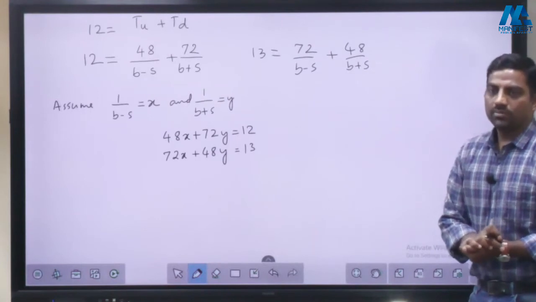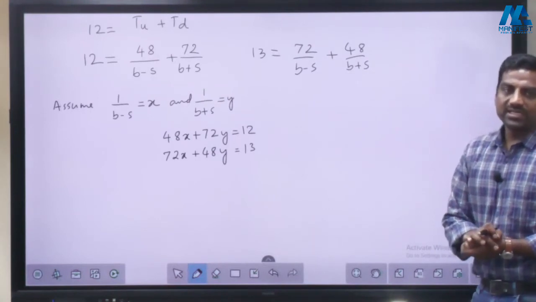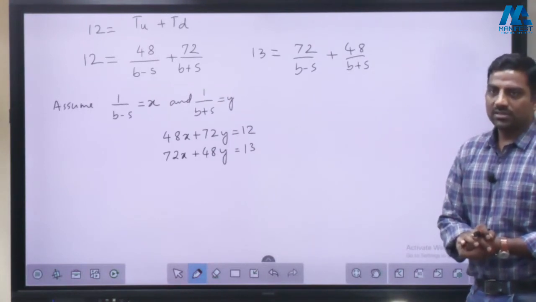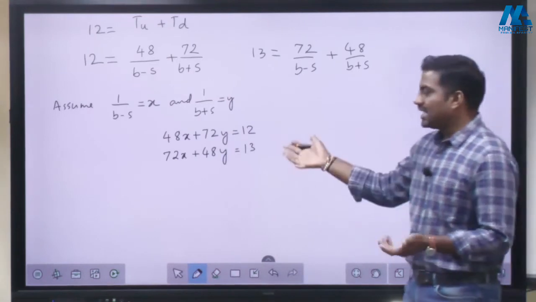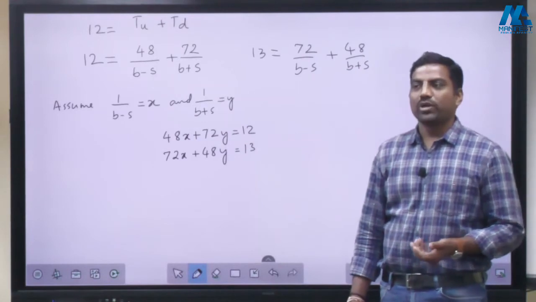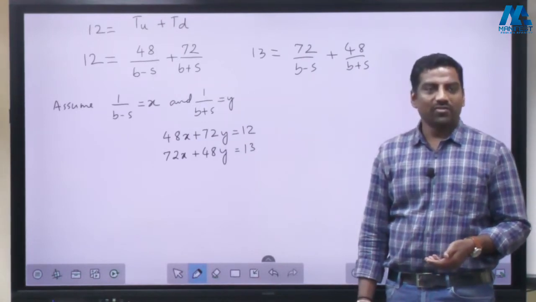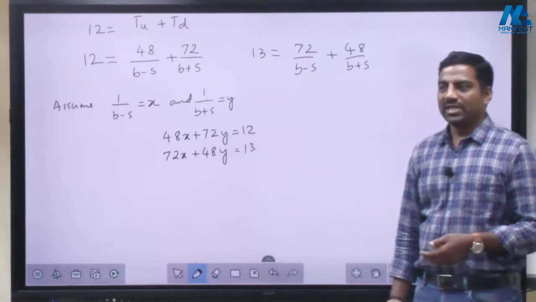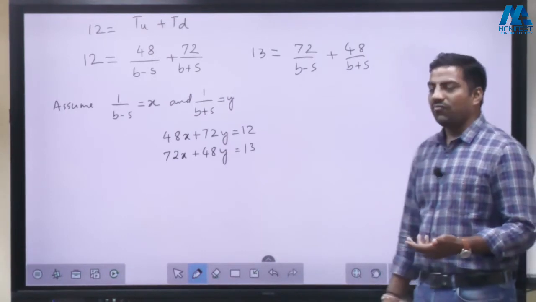Now what do they want at the end? B or S? Yes. But anyways, in X and Y, you find out anything. But in this case, we have to get both X and Y to get the value of B plus S and B minus S. So it is your comfort now.